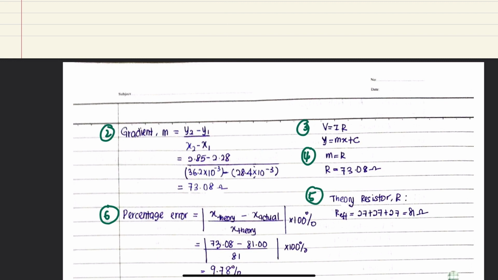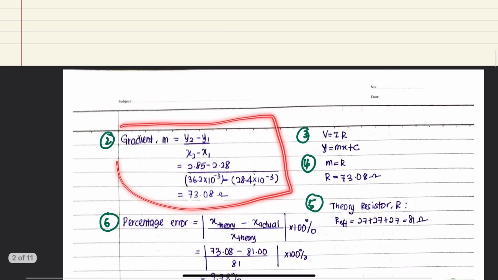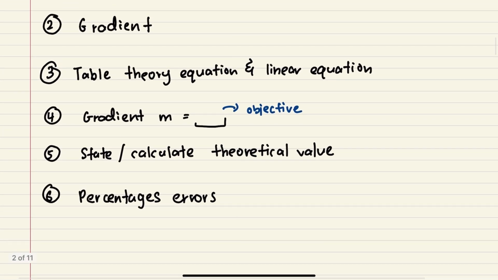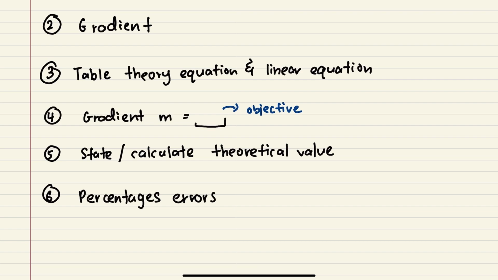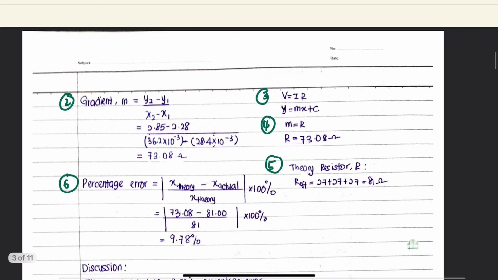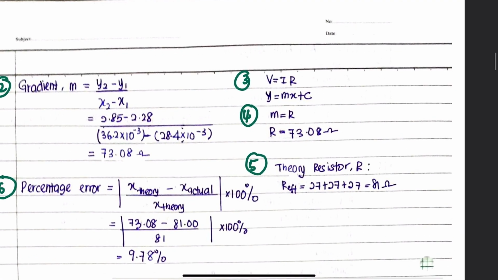After you calculate the gradient, what you need to do is make a table to compare the theory equation and the linear graph equation. So what I mean is something like this. My student here didn't use a table, but I want you to write inside a table instead.